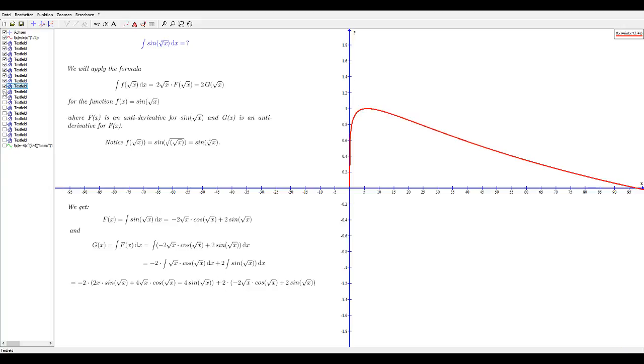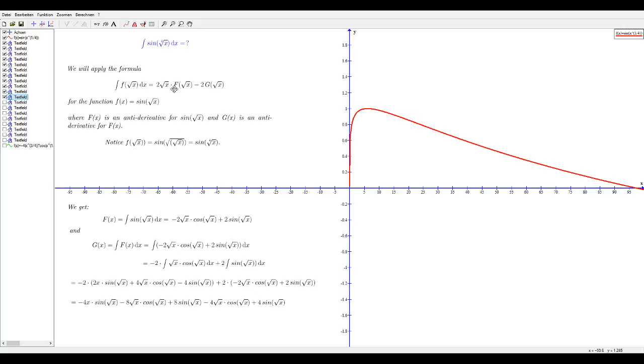And then you just multiply, and this 2 becomes a minus 4, this 4 becomes a minus 8, this minus 4 becomes an 8, and then this first integral term will become a minus 4x sine of square root of x minus 8 square root of x times cosine square root of x plus 8 sine of square root of x, and then 2 times the integral of sine of square root of x. That will just be minus 4 square root of x cosine square root of x plus 4 times sine of square root of x. And so we're already done.